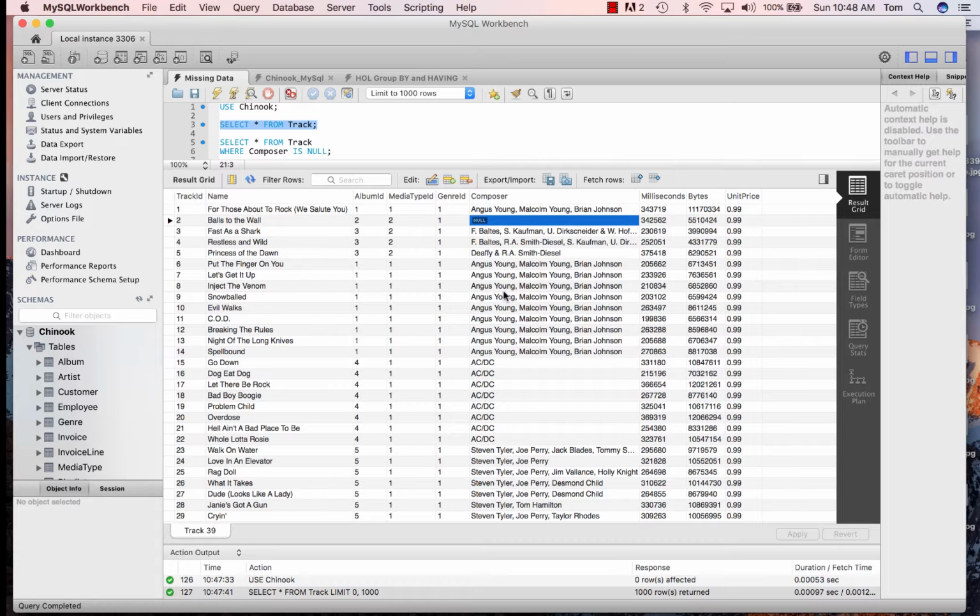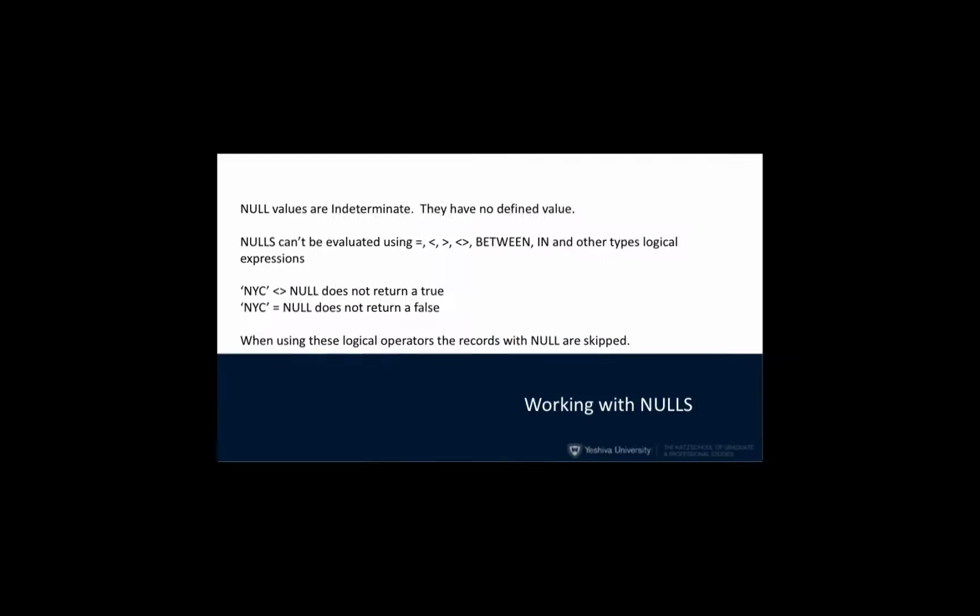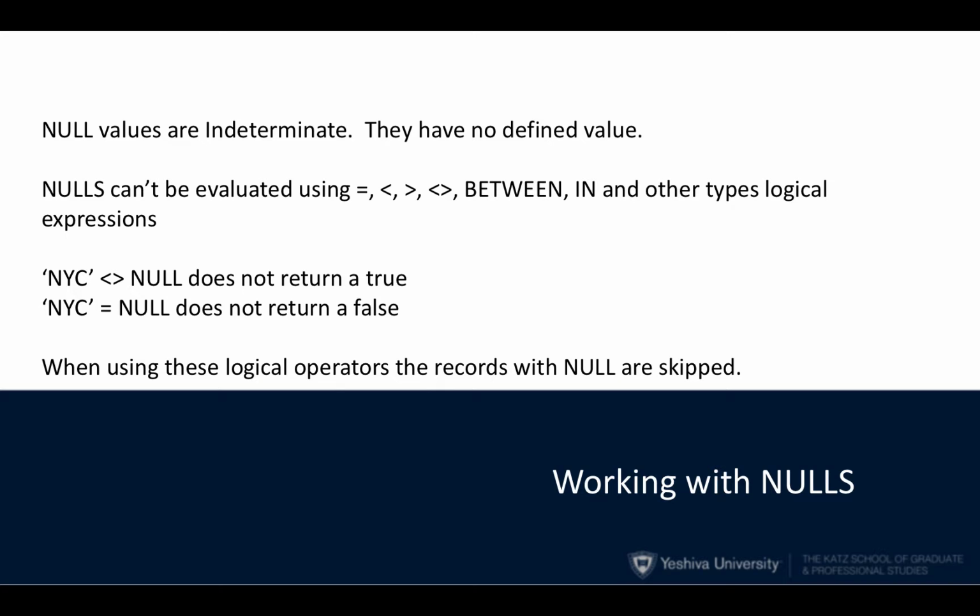To understand why we're talking about null values, it's important to look at how null values are handled in SQL. A null value is considered to be indeterminate, meaning I can't use comparison operators like equal to, larger than, smaller than, or not equal to. If I ask SQL, does a null value equal some defined value, it'll come back and say, I don't know.